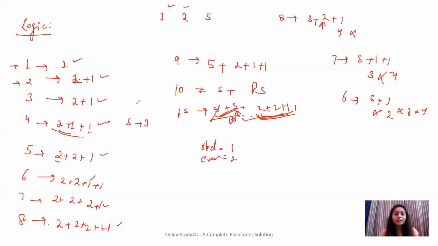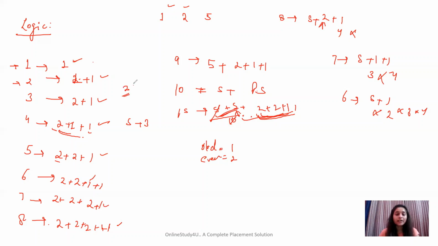Now the remaining number is 2. For 2, you can observe one more thing. If I remove the number of ones, then find the digit you are getting. Let's take 3. 3 is odd, so I need to exclude 1. So the value will be 2. 3 minus 1 is 2.